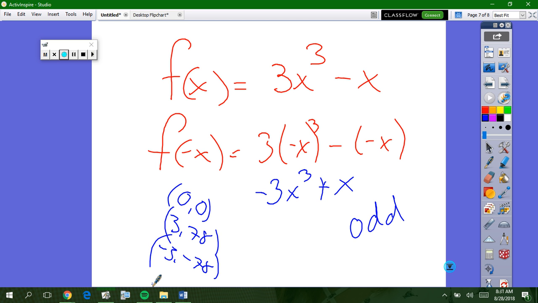Not necessarily the point, but replacing it with a negative x. If I ask you to prove it via a graph, you could graph it and then tell me whether it is. But if I don't ask you to use the graph, I would like you to show it by algebra. Make sense? Okay. All right.